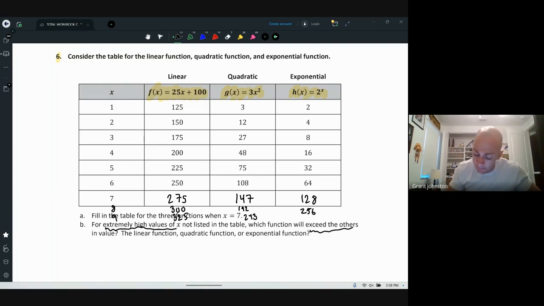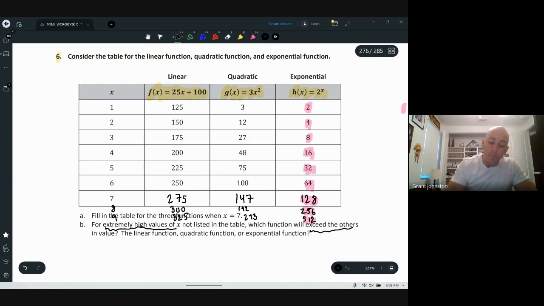And then 2 to the 9th is 512. So look at that. It looks like the exponential function, despite starting off so small, is suddenly surpassing both the other functions.